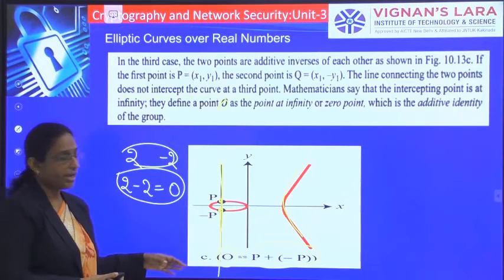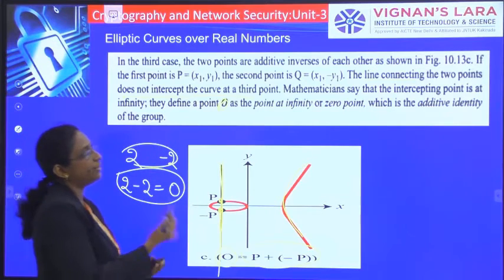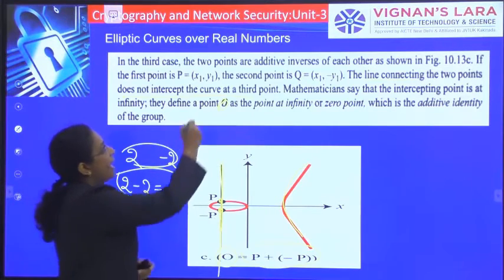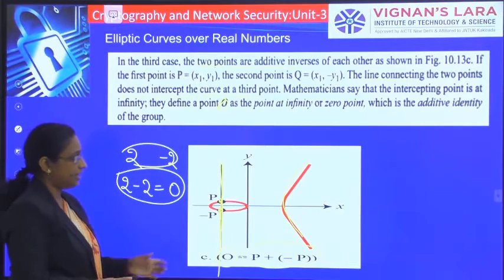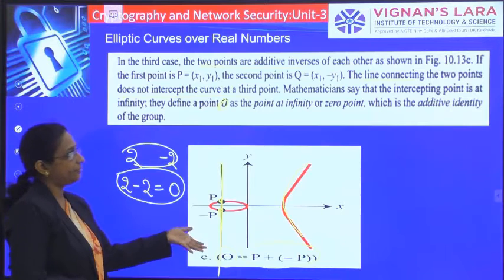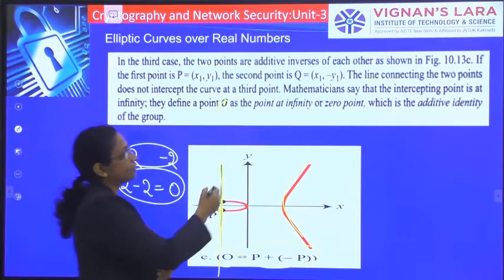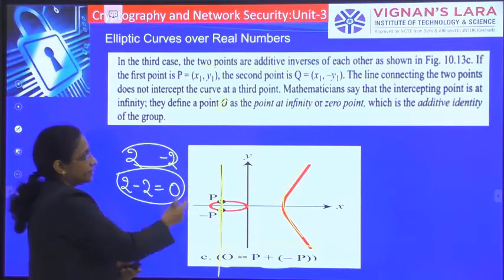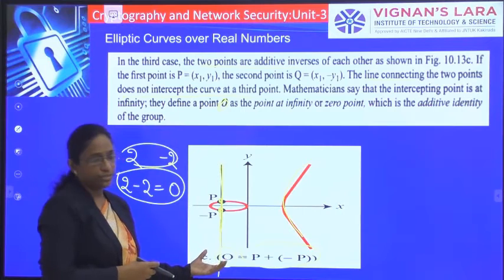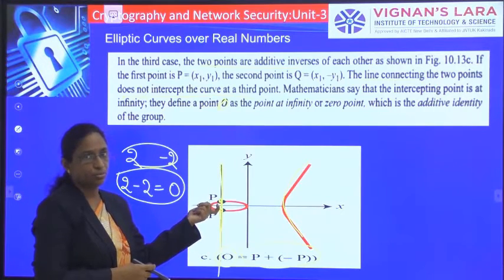Whatever this O or zero that we are getting is said to be the additive identity of the group. So adding 2 points which are additive inverses of each other results in a point at infinity, or zero point. How do you get this additive identity? You draw a straight line passing through these 2 points.